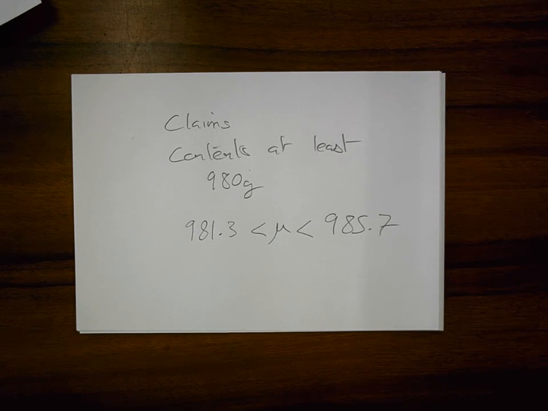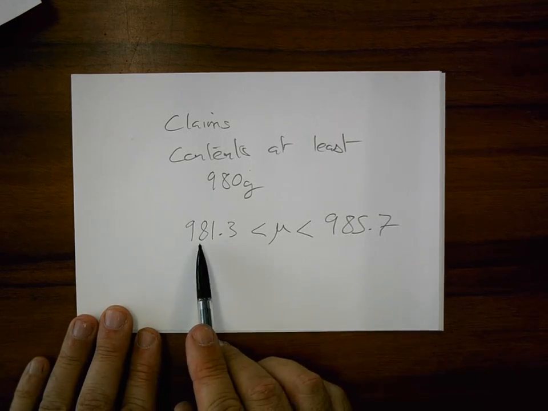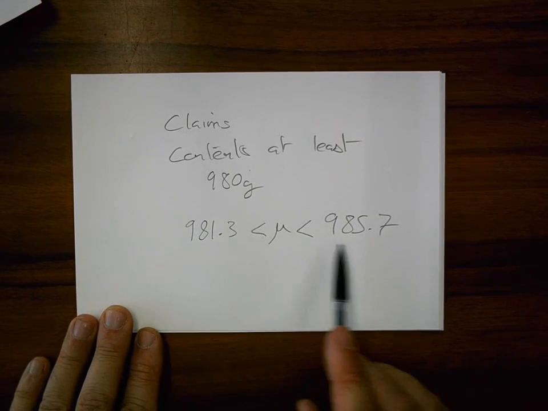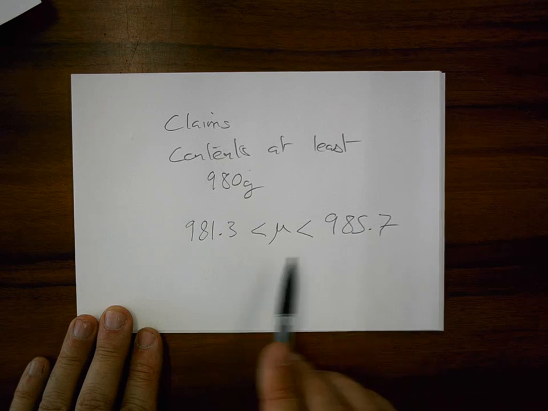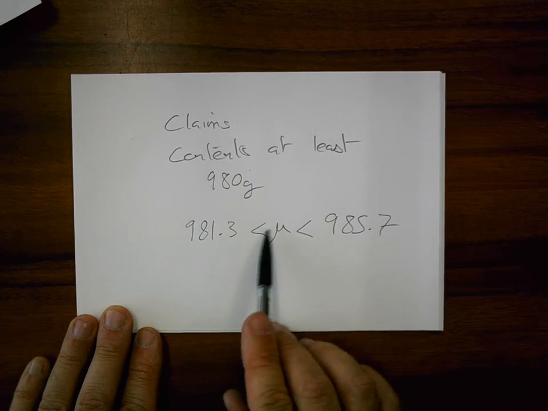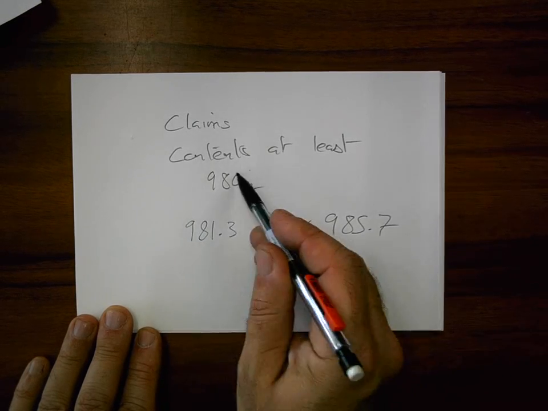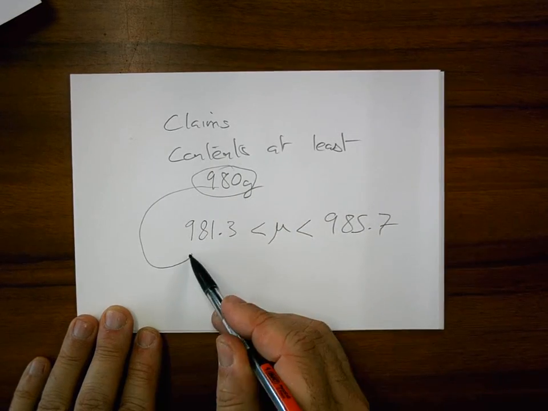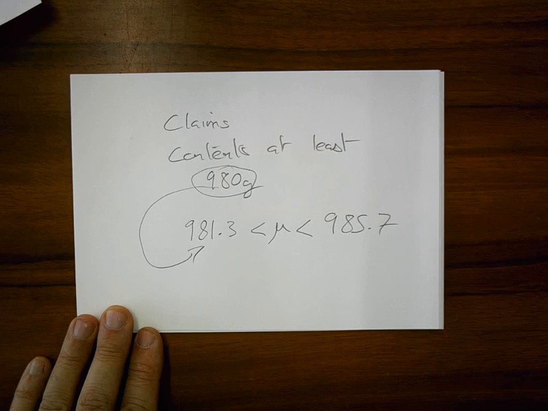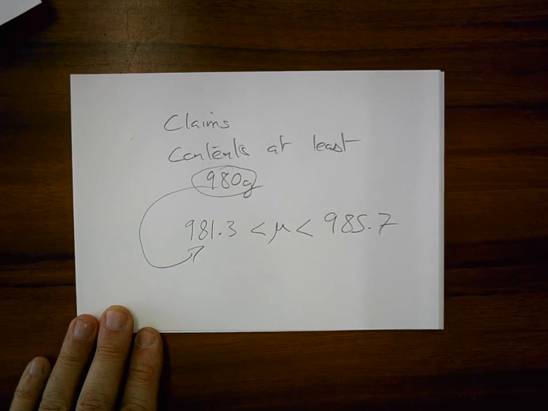The claim is justified. Okay? And I'll tell you why. We are 95% confident that the sample mean lies between here and here. Sorry, the whole population lies between here and here. That means that this value is lower than that value, which means that at least 980 is a valid statement to make.